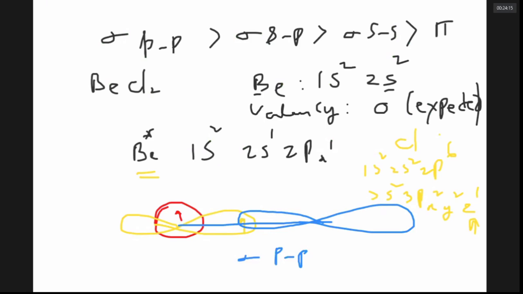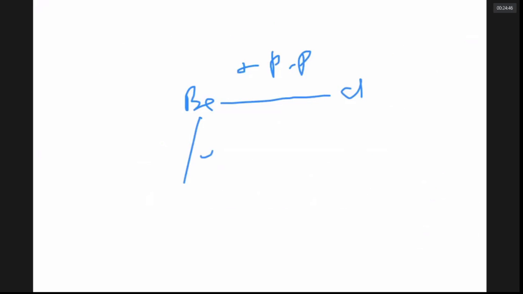Now the beryllium s orbital overlaps with another chlorine's pz orbital. Notice that this bond can be anywhere because the s orbital is spherical, but the other bond must be directional. So in BeCl2, according to valence bond theory, one bond is formed by sigma pp overlap, one bond is formed by sigma sp overlap. One bond must be stronger and longer, one bond must be weaker and shorter.